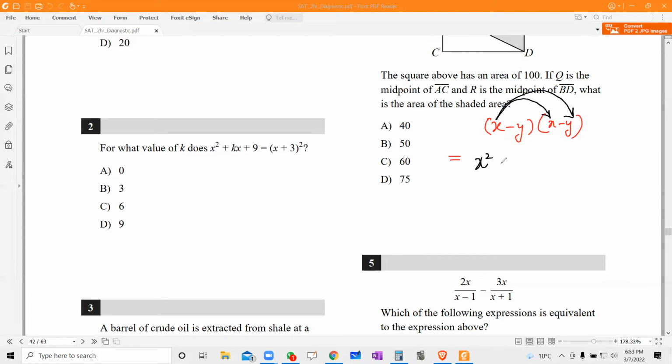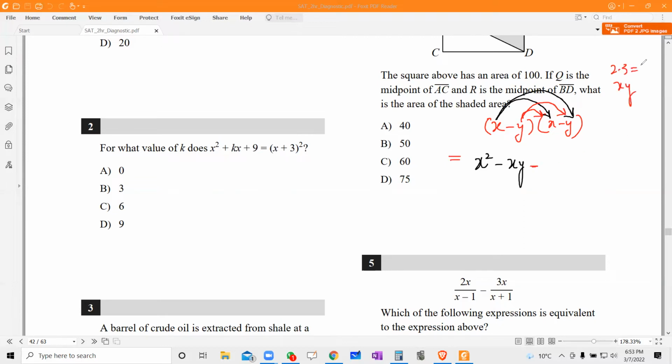And then xy, but it'll be minus because you're having x times minus y. It'll be minus xy, isn't it? Yeah, minus xy. And then? And then it's the y and the x. So it's minus yx.